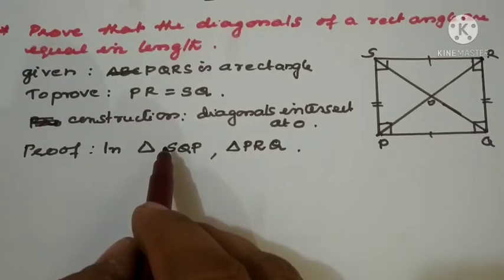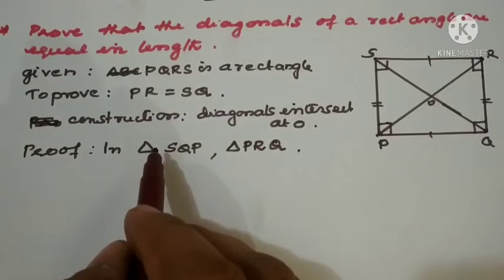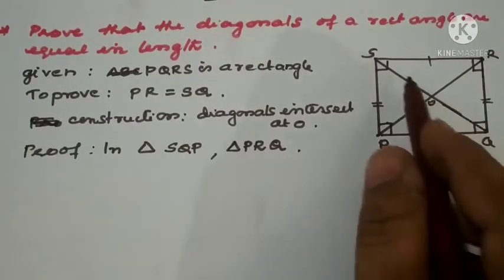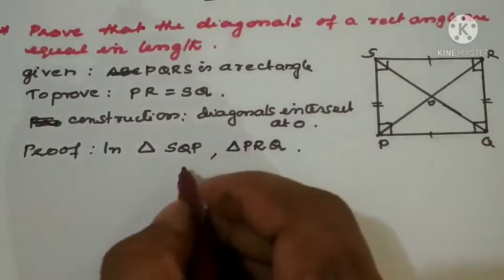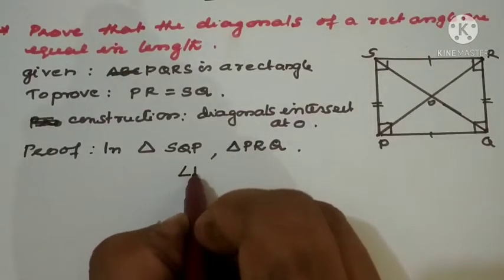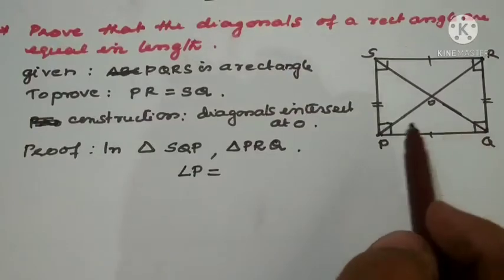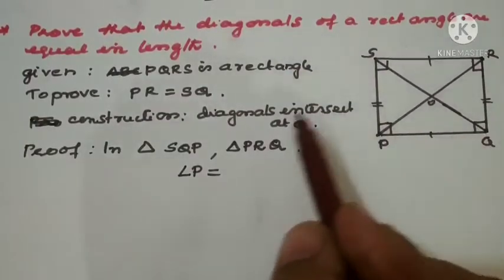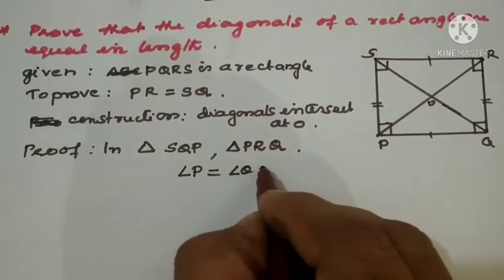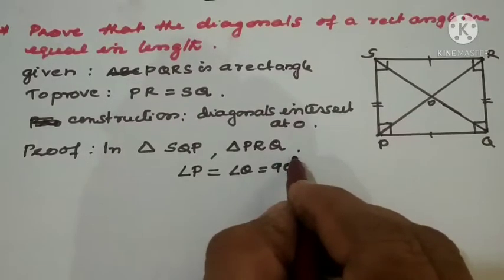Triangle SQP, and PRQ. Angle Q is equal to 90 degrees.